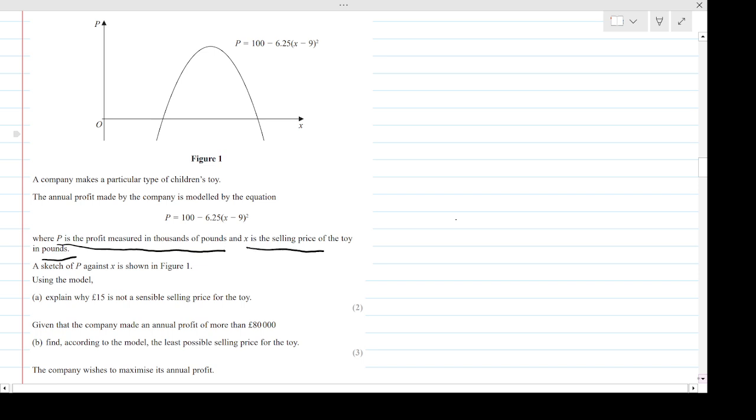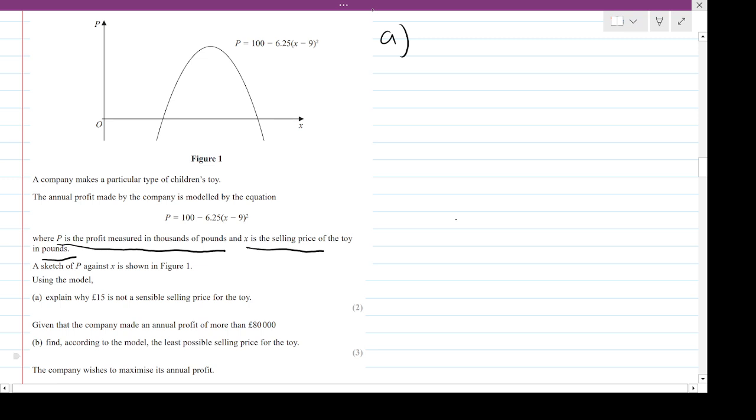A sketch of P against X is shown in figure 1, so they're actually giving us what the graph looks like. Using the model, part A, explain why £15 is not a sensible selling price for the toy. So again, a fairly common sort of question. You need to use the model to find perhaps when it isn't as reliable.